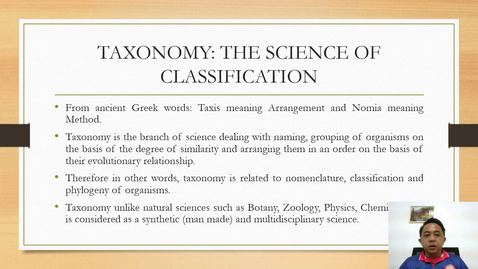Okay? So there are various methods that are utilized in classifying organisms, which will be discussed later on in our succeeding lessons. Now, taxonomy is a branch of science dealing with naming, grouping of organisms on the basis of the degree of similarity, and arranging them in order on the basis of their evolutionary relationship.